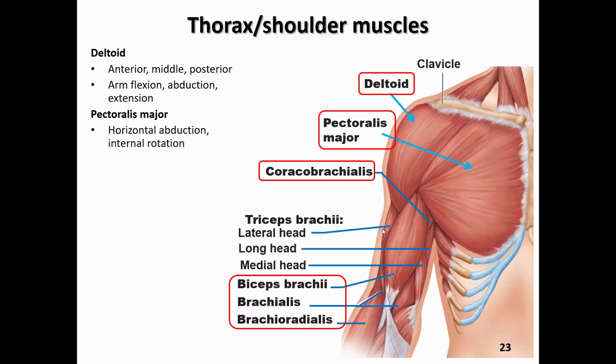So when the arm is placed in a horizontal position, the pectoralis major will move that arm towards the midline of the body, as well as internally rotating the humerus, which from the anatomical position would occur in the transverse plane.